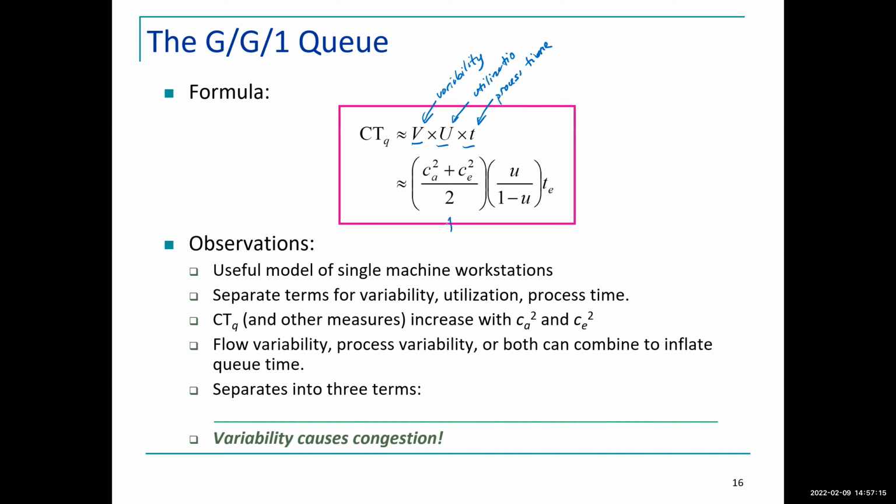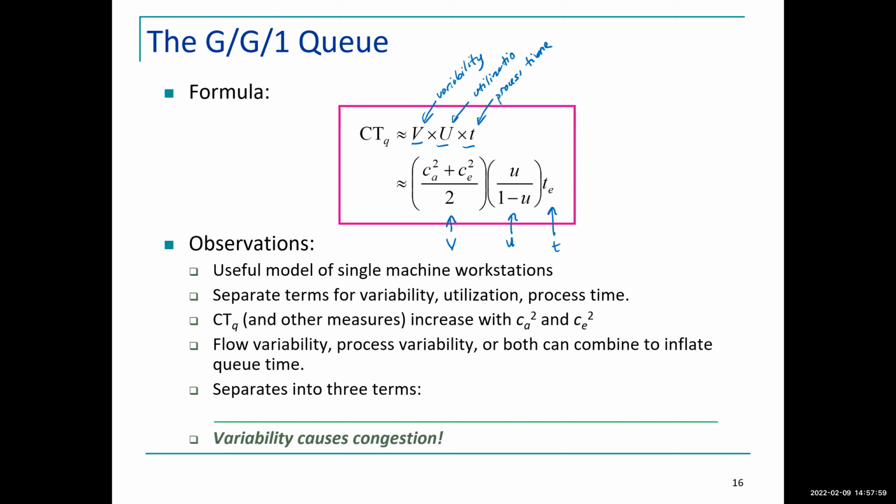So this will be V, this will be U, and this is going to be T. This VUT equation takes into account the variability of the arrival and also the variability of the processing time. It has the squared coefficient of variation of both, the summation of the two divided by 2, so it's like averaging those two coefficients. Then the utilization is just the utilization of the station, and T is just the processing time.